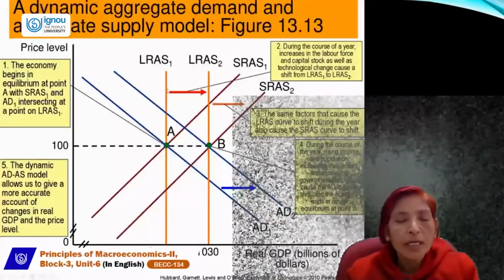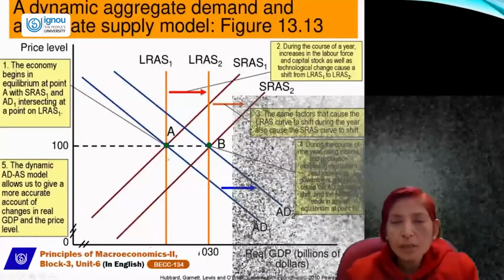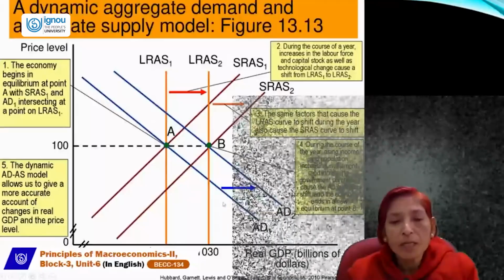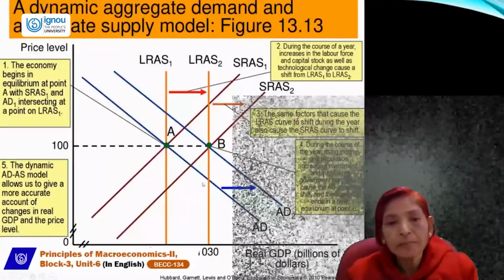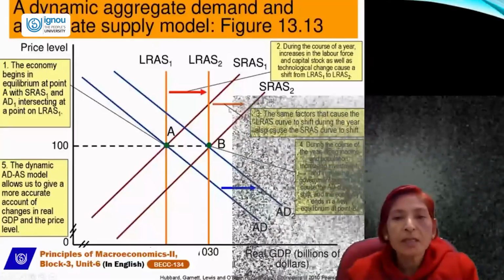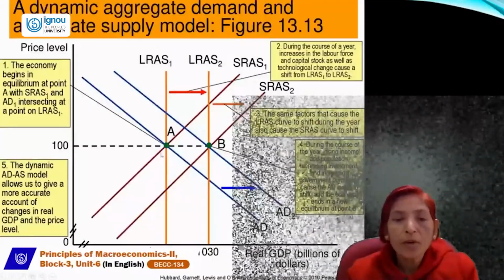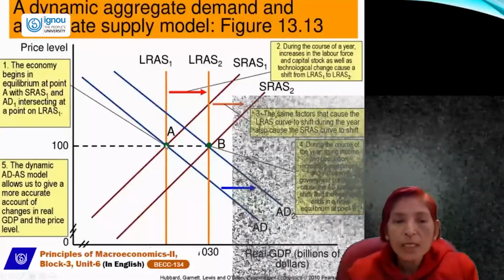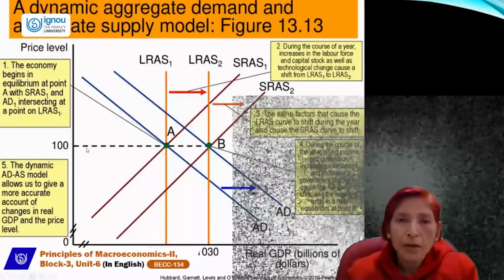Here, LRAS1 is the initial long run supply curve, AD1 is the first or initial aggregate demand, and SRAS1 is also the first or initial aggregate supply curve. Where all these three curves intersect each other, equilibrium point A is determined and the price level is determined at 100.